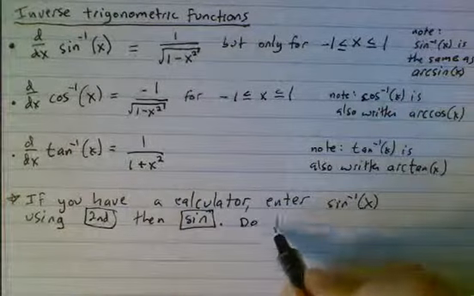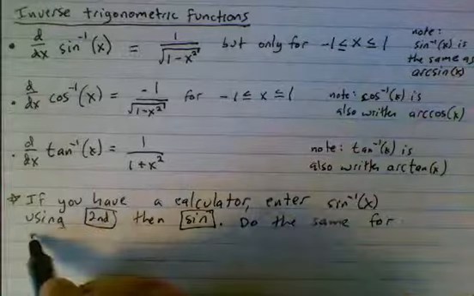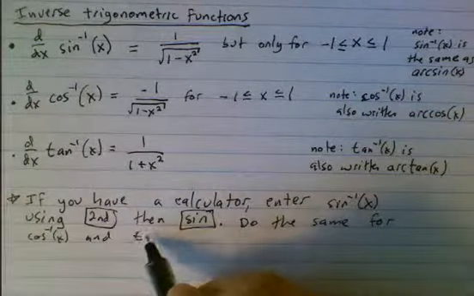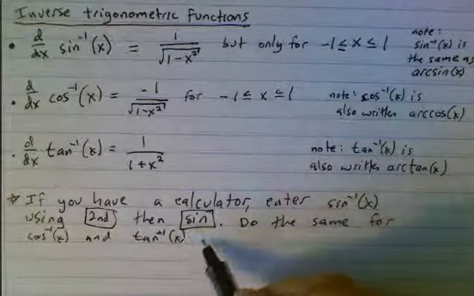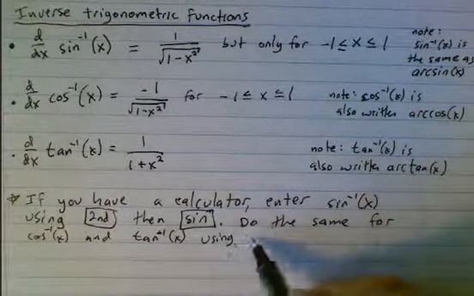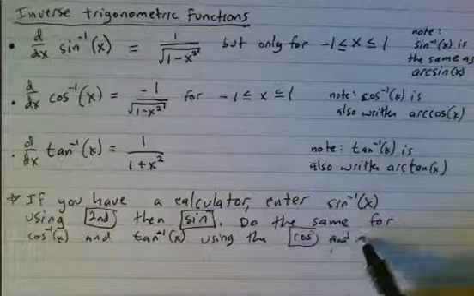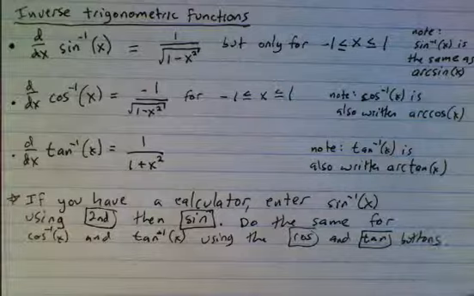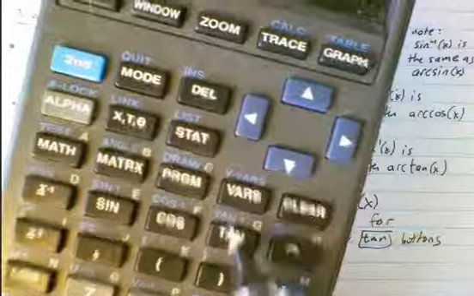Do the same for inverse cosine of x and inverse tangent of x using the cosine and tangent buttons. So we've got inverse cosine right there, inverse tangent right there.